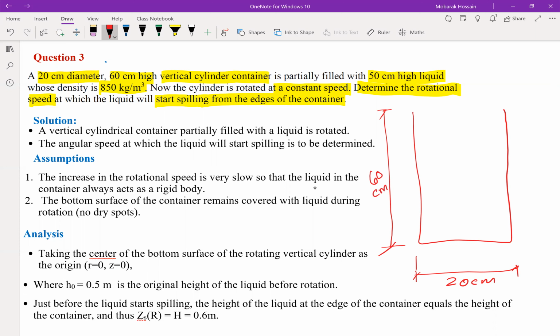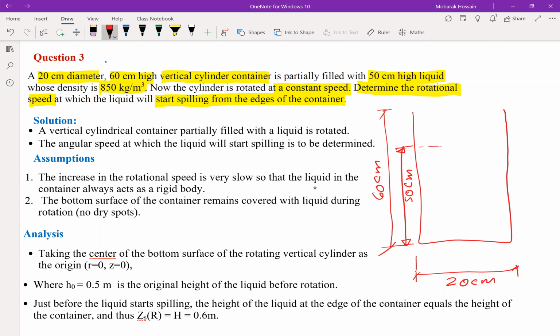Now it is filled up to 50 centimeters, say around here. Up to this length is filled with the liquid, and this liquid density is given as 850 kg per meter cube.